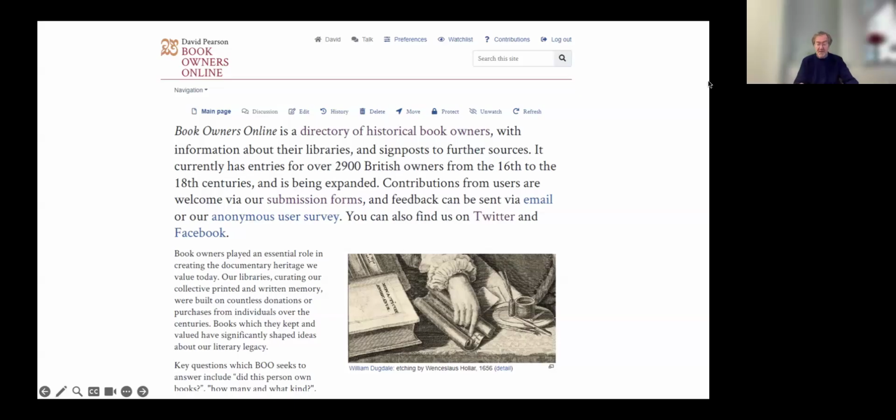That's the main focus at the moment, although it does have scope to be expanded further if and when we can resource that. And it currently has just under 3,000 entries for individuals who owned books.